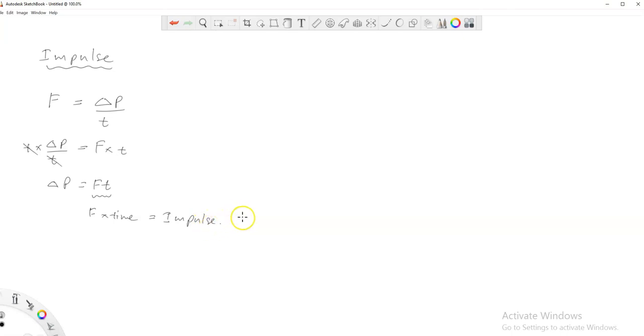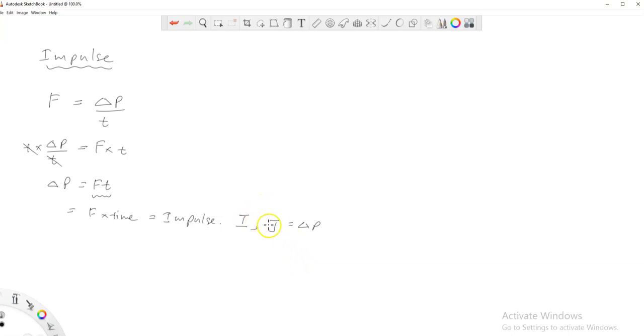Sometimes we use the letter I for impulse, sometimes we use the letter J. Either way is fine. So impulse is force times time. Also, it's the change in momentum. You can have momentum, you can have a change in it, that we call an impulse. We can find it by multiplying force and time.